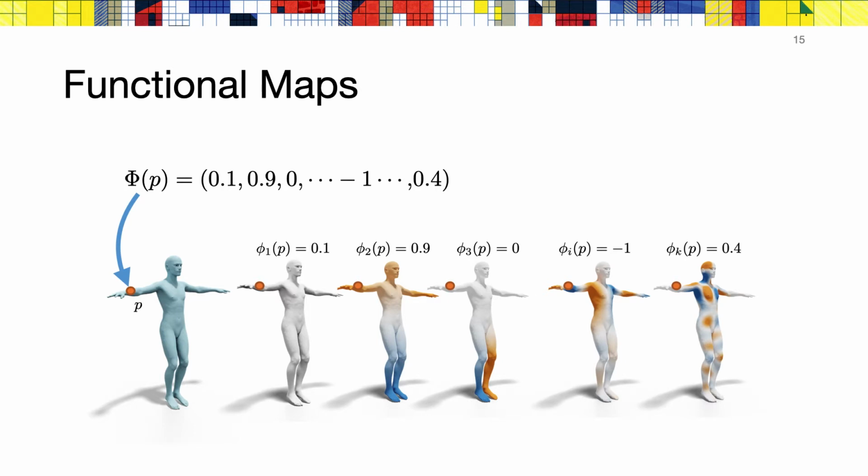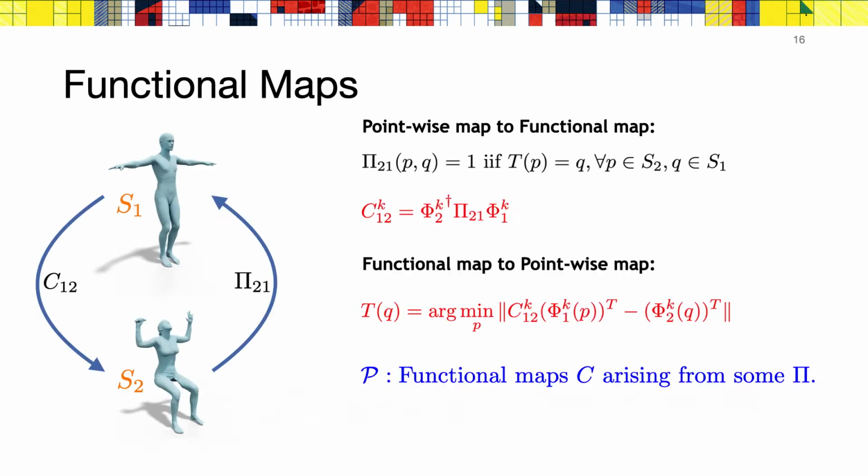On the other hand, we can also treat the Laplace spectral eigenbasis as a high-dimensional spectral embedding of a shape. For instance, for any point p, we can collect the values of the eigenfunctions at this point and form a k-dimensional vector phi of p. From this point of view, the functional map C plays a role of aligning the spectral embeddings.